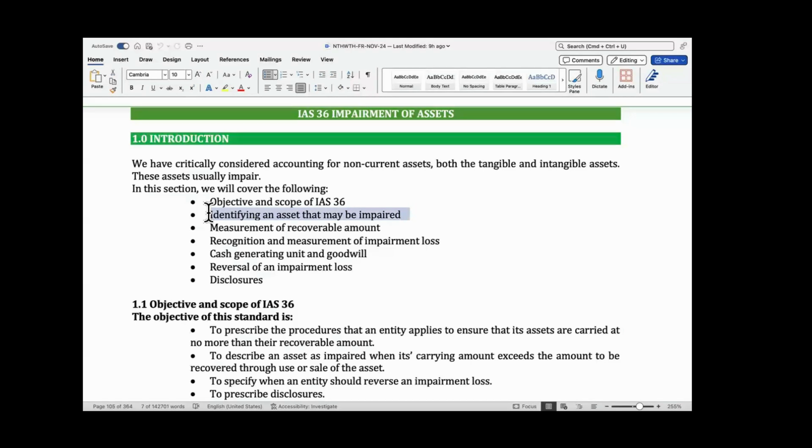Then you look at how you recognize and measure impairment loss generally. Thereafter, we will learn about cash generating units and goodwill. Then we will look at reversal of an impairment loss. And finally, we'll look at disclosures. So basically, these are the areas we want to look at under this standard.